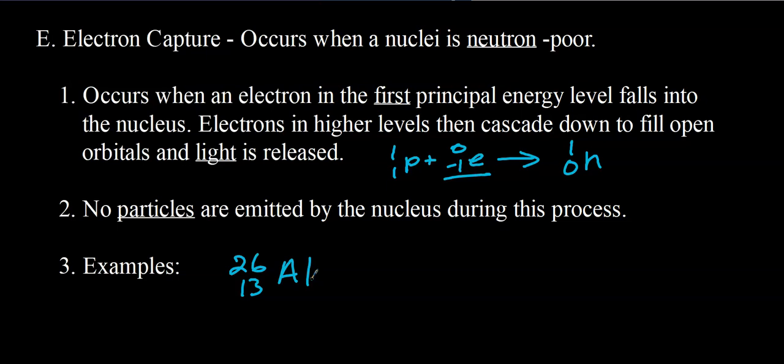All right, so this time we do have another substance as a reactant, so to speak, and that is our electron. So that's going to go on the left side with our parent nuclide. And like I said, it's not 0 over -1 beta. It has to be 0 over -1 e. Mass does not change. Charge decreases by 1. We end up with magnesium 26.